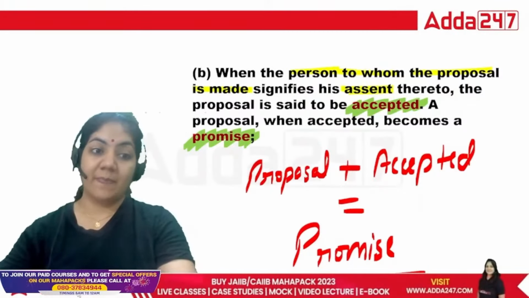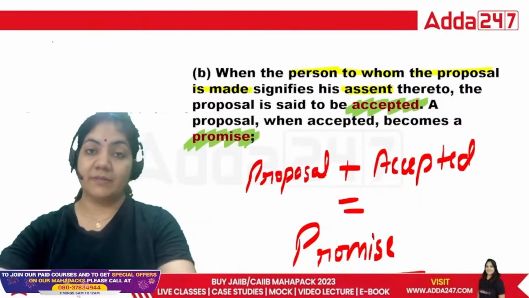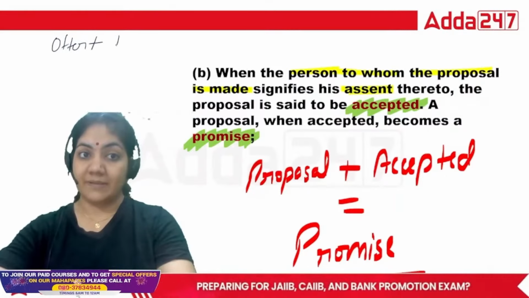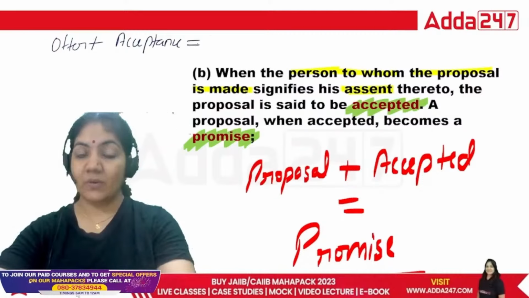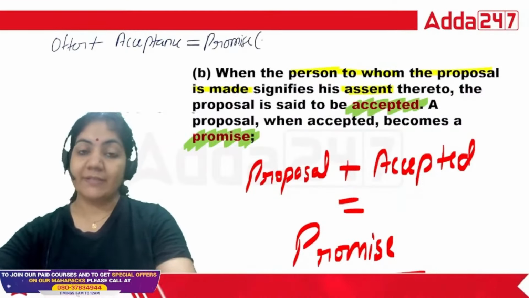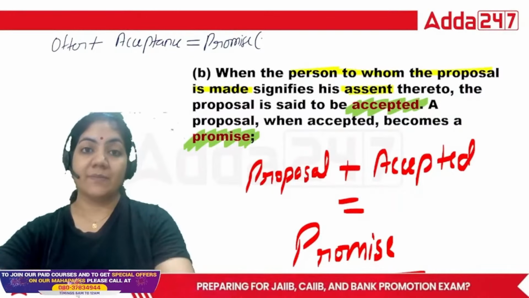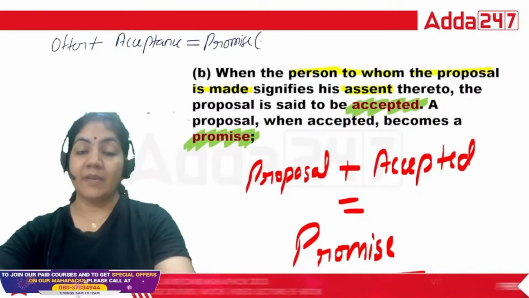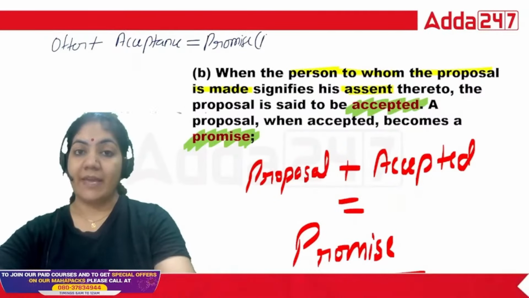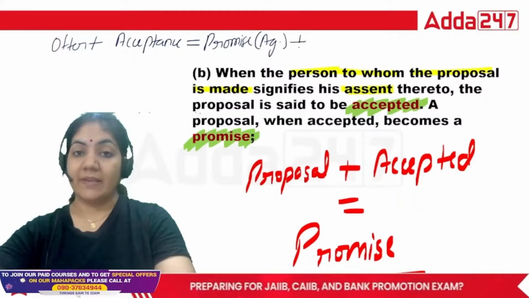If you just remember the formula of contract: offer plus acceptance is equal to promise. Promise in legal terms we call an agreement.